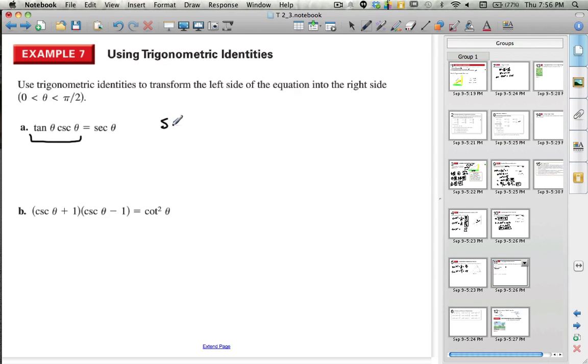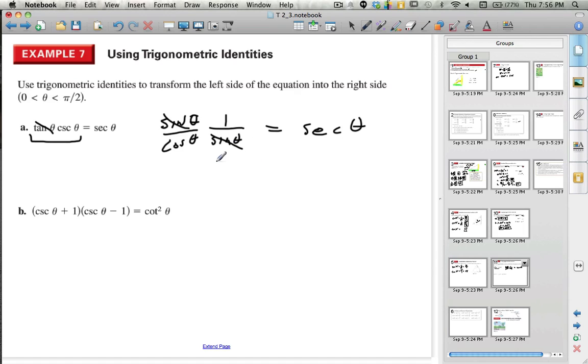So I can say that sine of theta over cosine of theta, that's tangent, times cosecant, which is 1 over sine of theta, is equal to secant of theta.